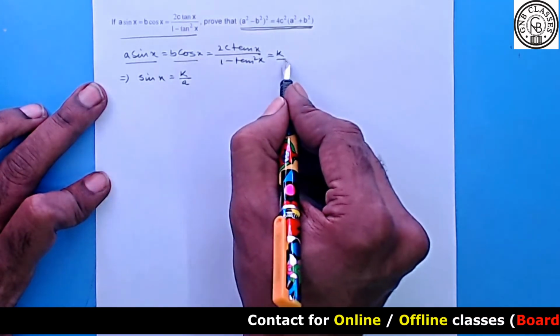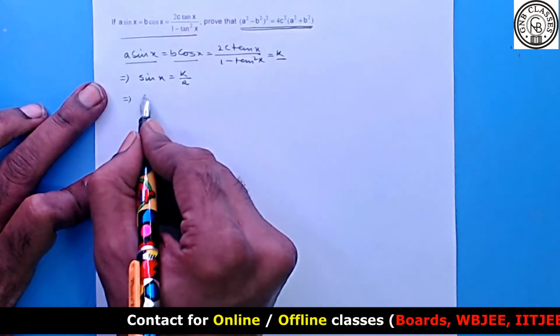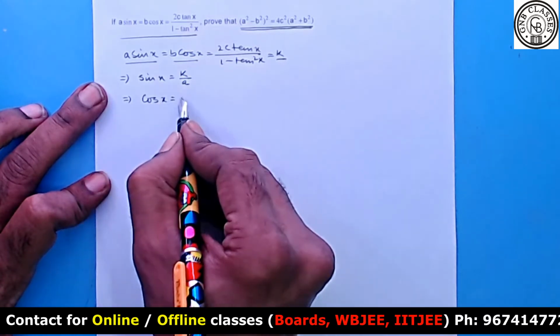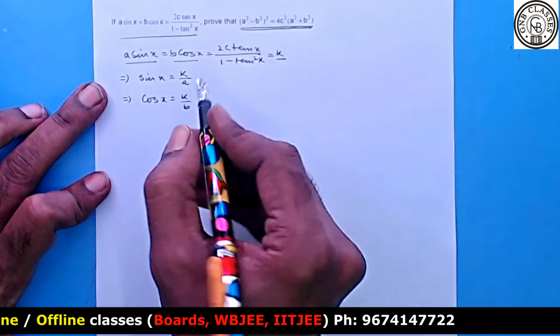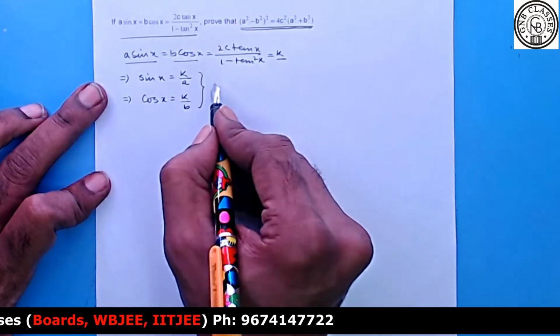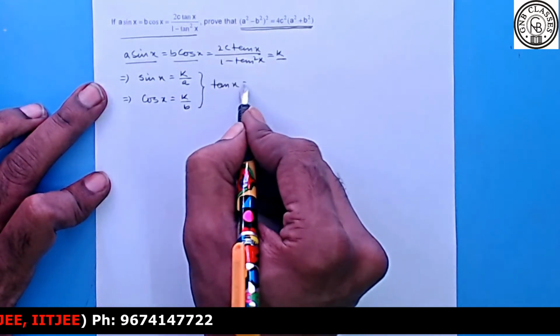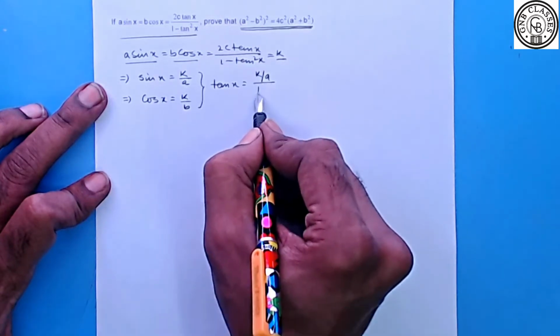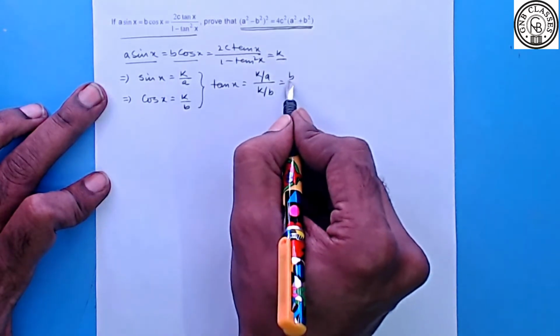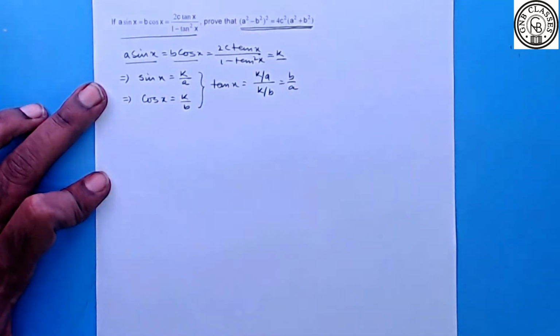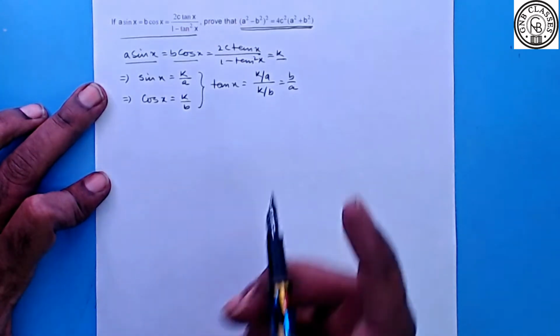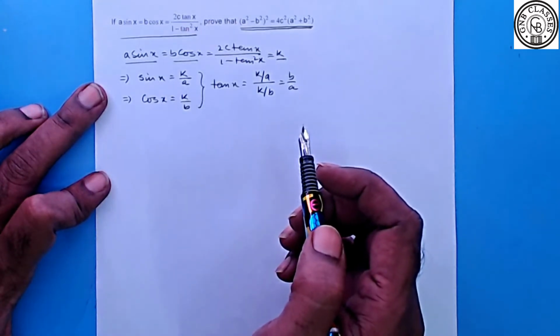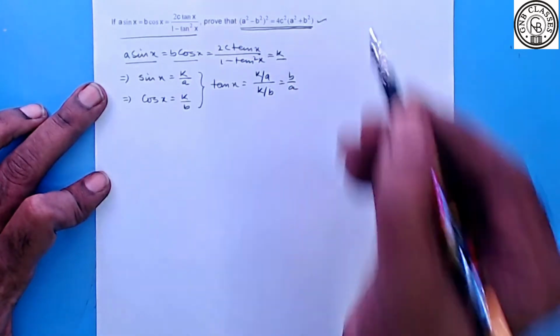Similarly, b cos x equals k, so cos x is nothing but k by b. Now if I divide these two, we get tan x is nothing but k by a divided by k by b, that gives you b by a. Now our prime motto is to remove x. The moment you remove x, we are going to get a relationship, and that is exactly what is required.